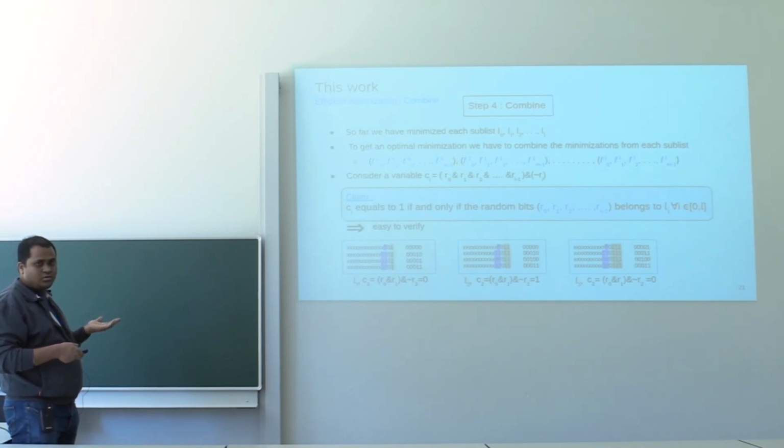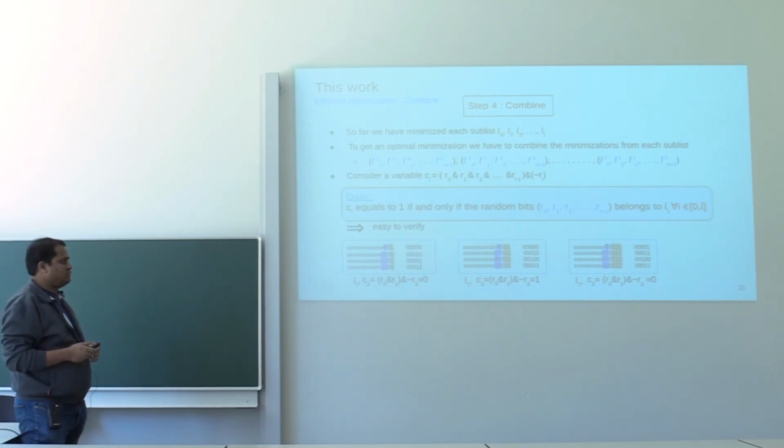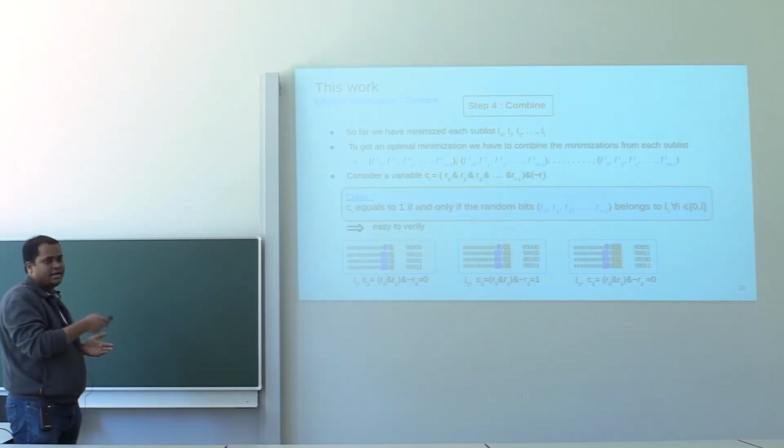This will always be 0. C2 is of course 1 because it belongs to L2. For L3, because there are 3 trailing ones, when I do R0 and R1, it's fine, this is 1, but when I do not R2, this actually becomes 0. And again, it doesn't matter what is beyond this, because it will stay at 0. So it is true for all sublists which are greater than 3.